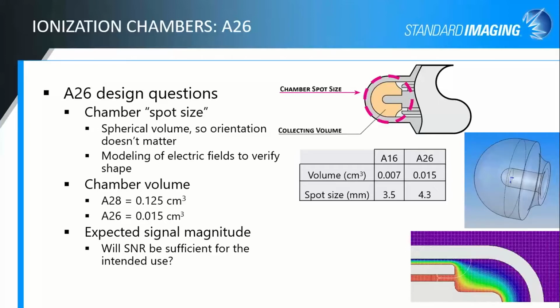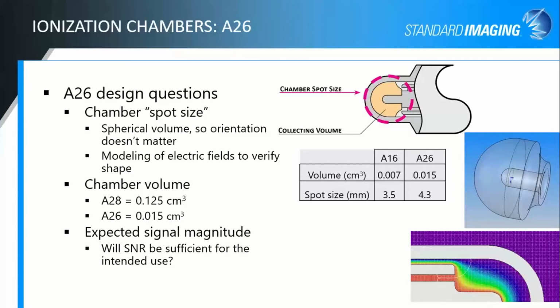And so as a result of that investigation, we were able to develop the A26, considering several things specifically listed here. One is we wanted to make sure that we had a spherical measuring volume, so that the orientation of the chamber within the field really didn't matter. Your volume averaging was going to be identical no matter which orientation you were using. We modeled the electric fields to verify that shape as we were designing the chamber.